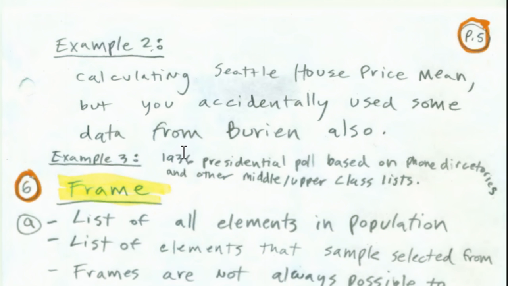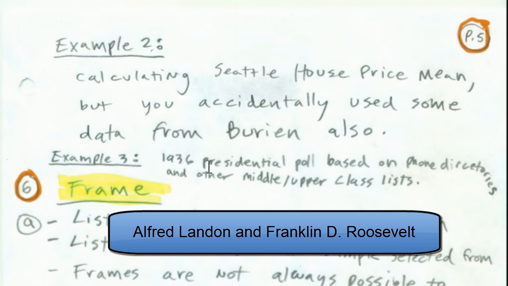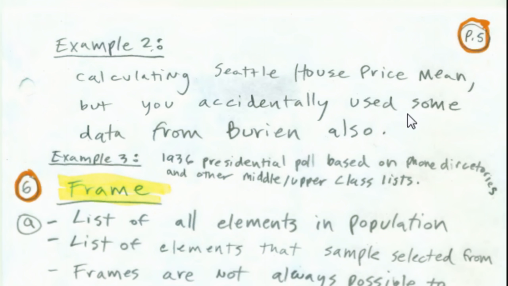The 1936 presidential election was between Landon and Roosevelt. And there was a famous poll that was done, and they only used phone directories and other lists that they mistakenly thought represented the whole population, but they only represented middle and upper class people.